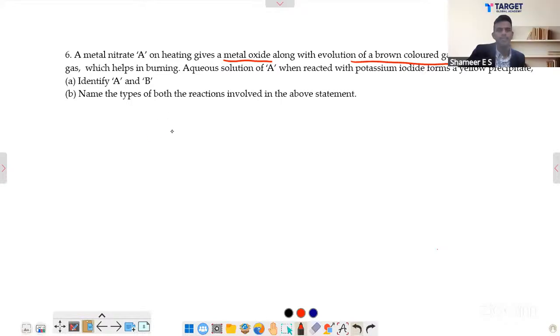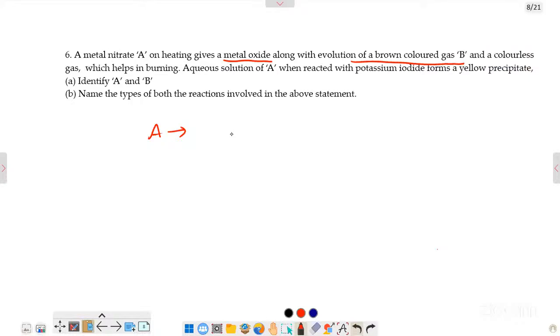What is A here? I think it's silver bromide. Which nitrate? Silver nitrate. No, not silver nitrate. It's a potassium compound. No, this is actually lead nitrate.